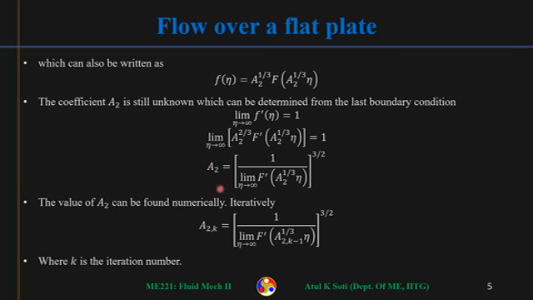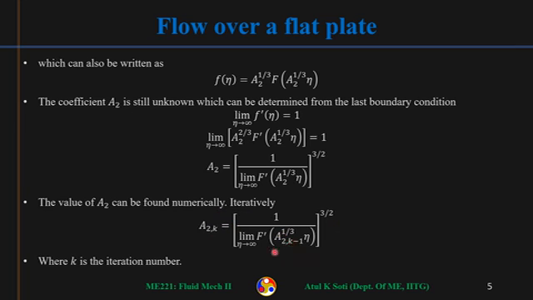For example, we can define an iteration like this: a2 comma k, where k is the iteration number, is equal to 1 upon the limit of this thing, with a2 at k minus 1, at large eta. So what is this iteration saying? This is a2 at the previous iteration and this is the new a2.